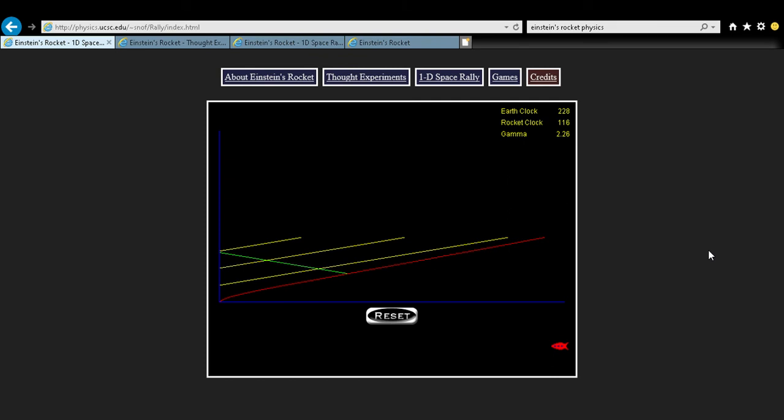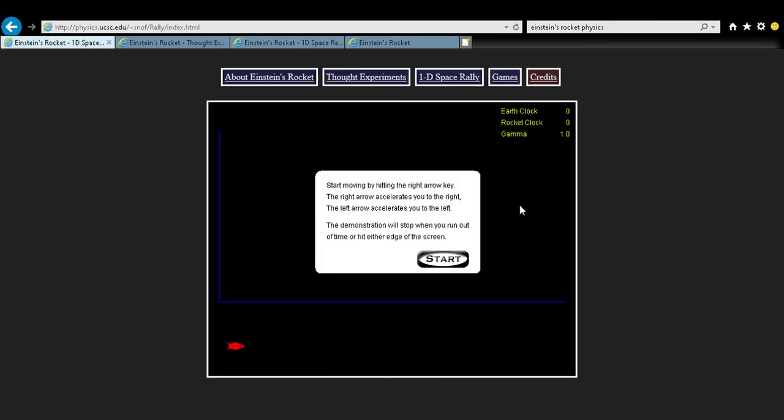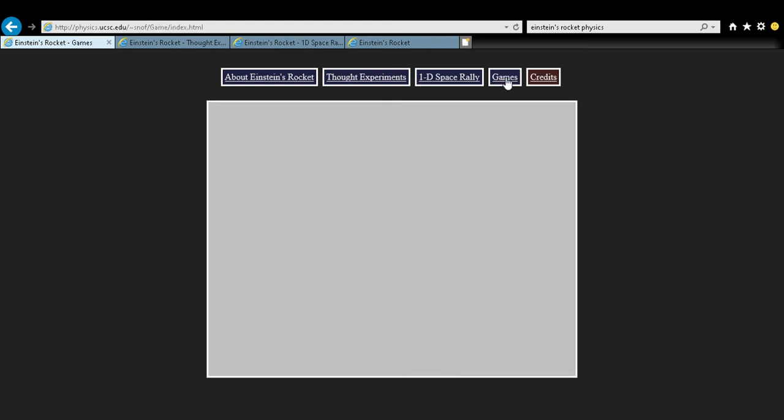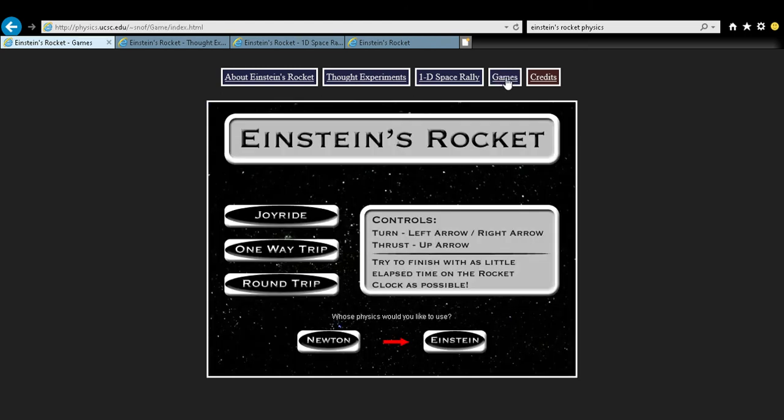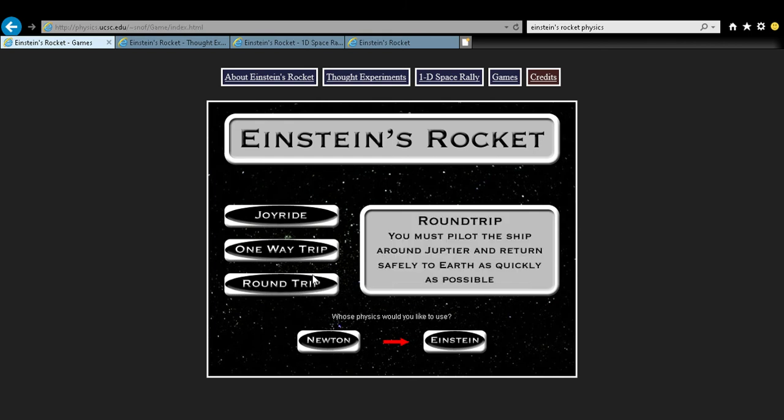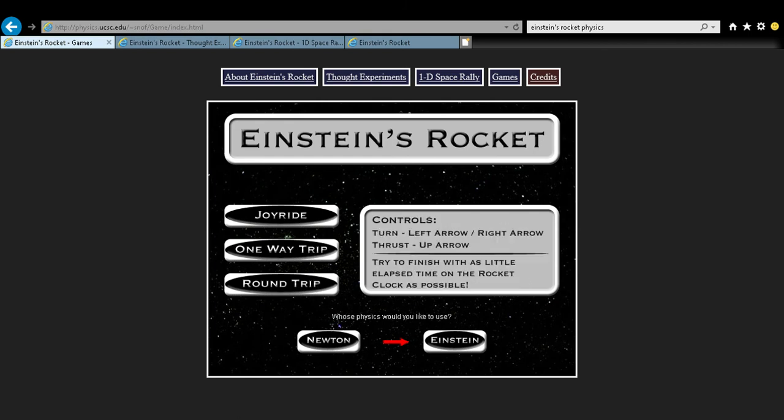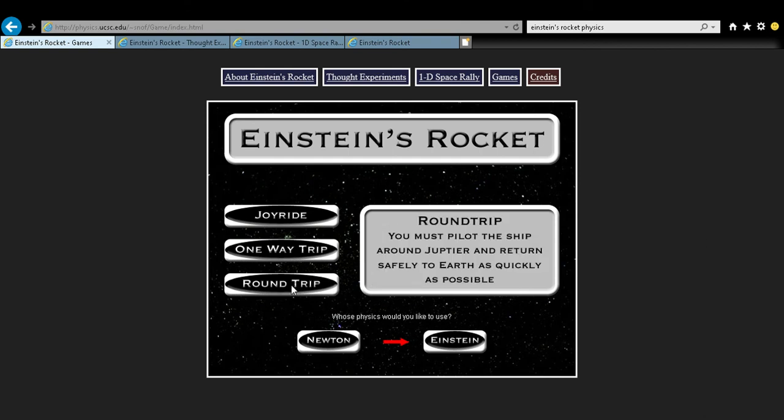Okay, so next thing is just this little activity about a difference in time. We traveled out and back with the Newtonian versus Einstein. So I'm going to try the round trip here.